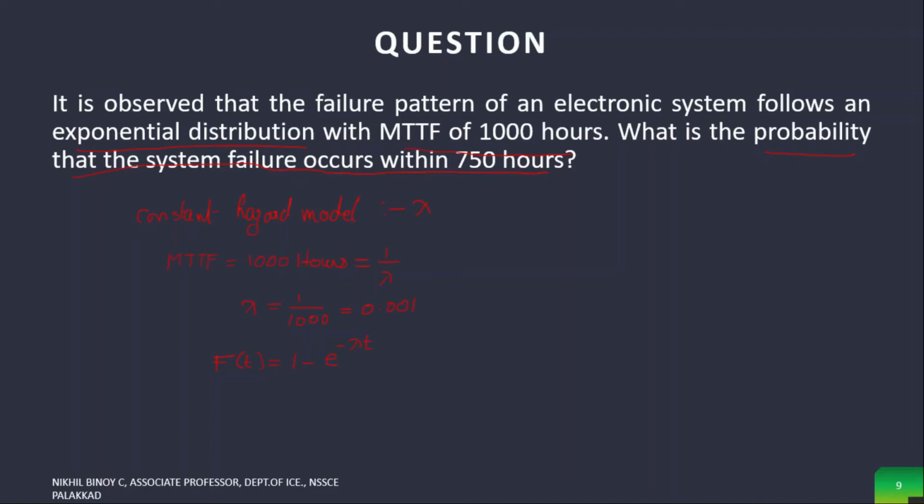F of t is equal to 1 minus R of t, that is 1 minus e raised to minus lambda t. And the question asks, what is the probability that the system failure occurs within 750 hours? Means they are asking F of 750 equal to 1 minus e raised to minus, now what is lambda? 0.001 into, now what is t? 750, equal to what?